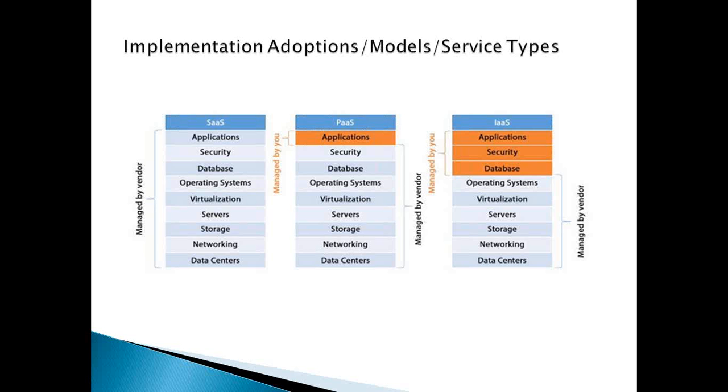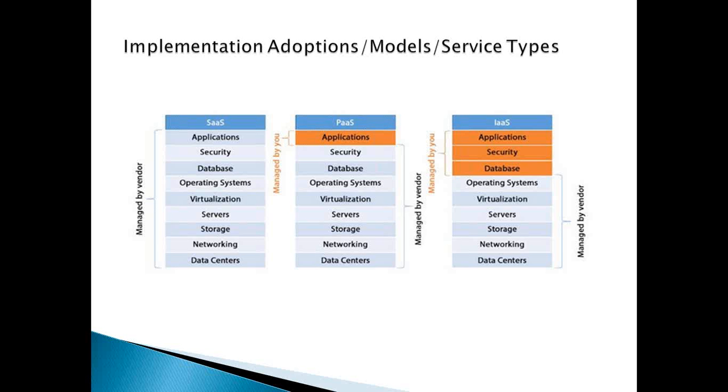The third one is IaaS, where the operating system, virtualization, server, storage, network and data center are managed by the vendor, and they'll give you the flexibility where you can go and do the customizations and deploy. For security aspects also, you can come up with your own security preferences, how you want to manage the security, and you can have control of the database, to play with the database, create schemas, etc. All the security-related access for the database, and the application security-related controls, they'll be giving if you go with IaaS.